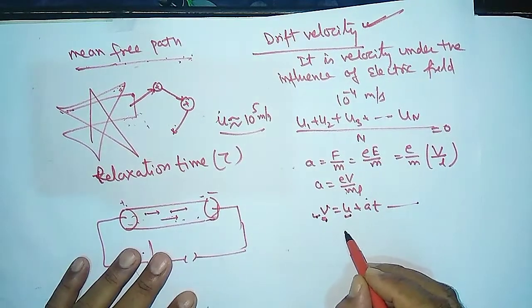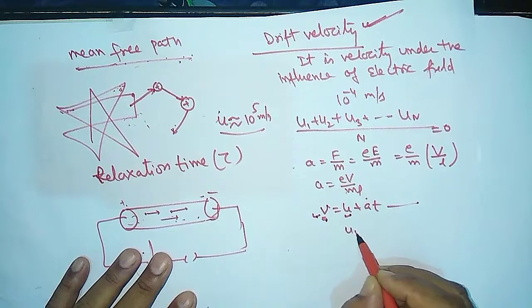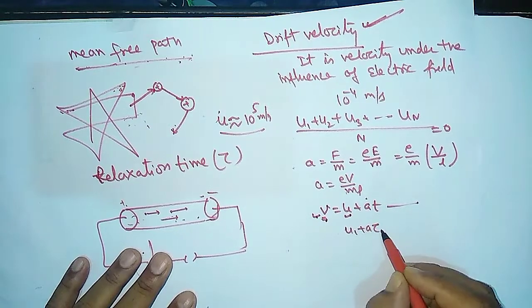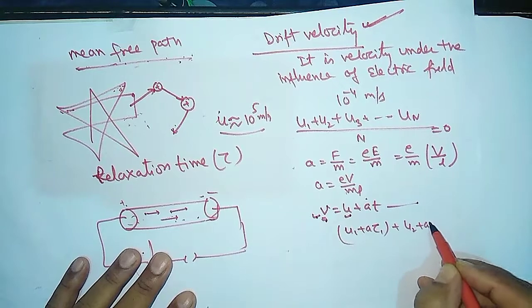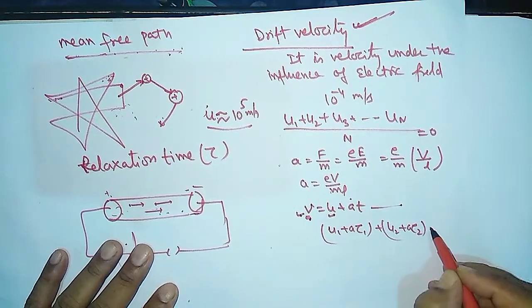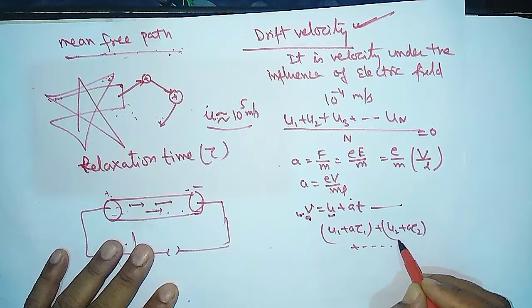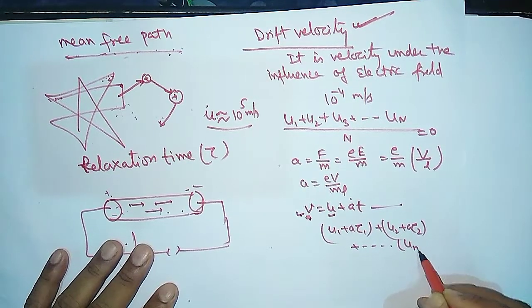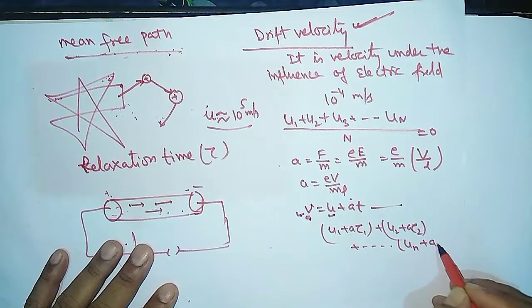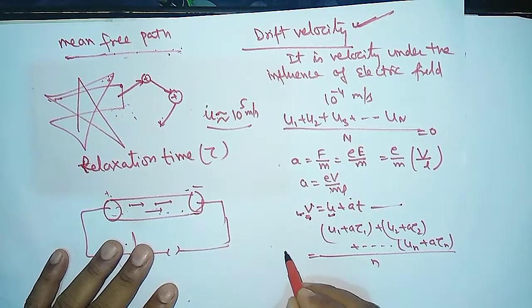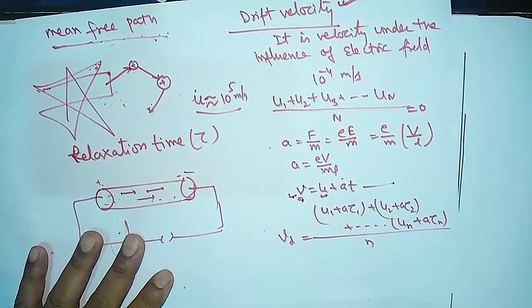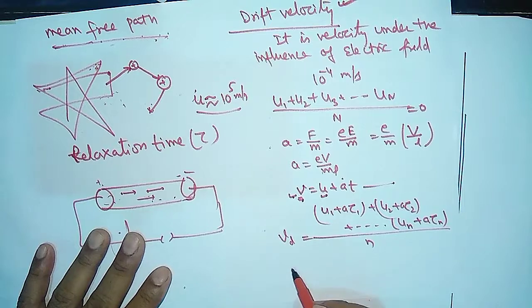Simply you can say, u1 plus a tau 1, plus u2 plus a tau 2, like this, and suppose n free electrons are there, so un plus a tau n. The average is termed as the drift velocity.